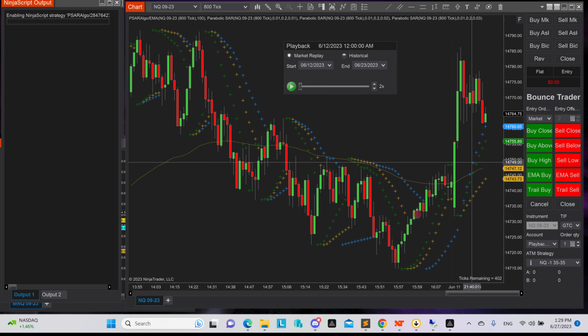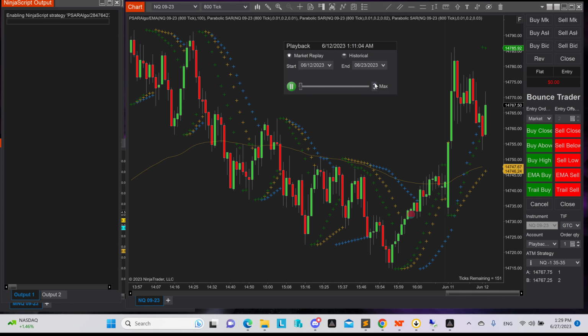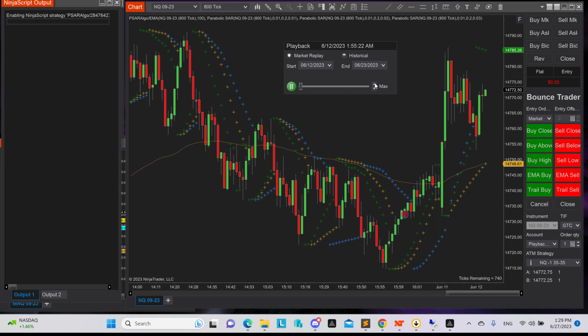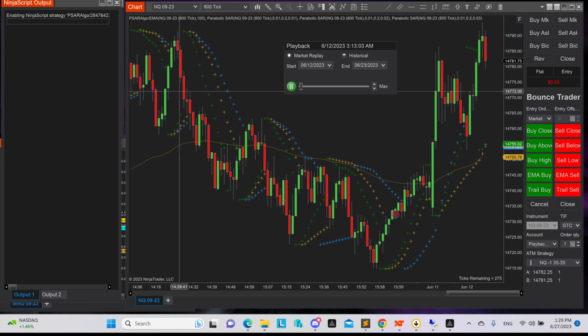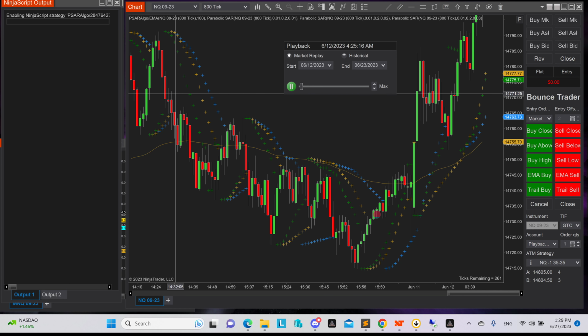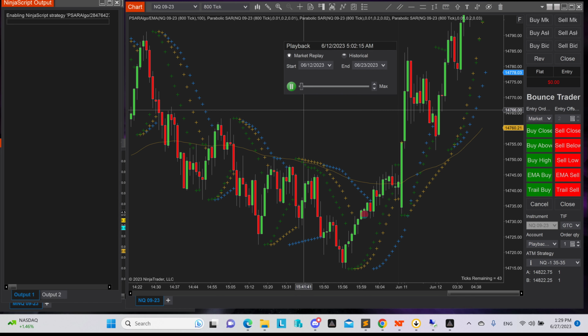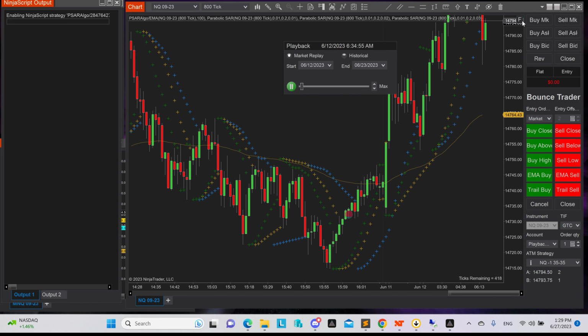So see, it loads those three SARs, and let's see when it's going to open the first trade, and I'll show you the little logic behind it. I tried to implement other indicators such as that EMA filter, BOP filter.